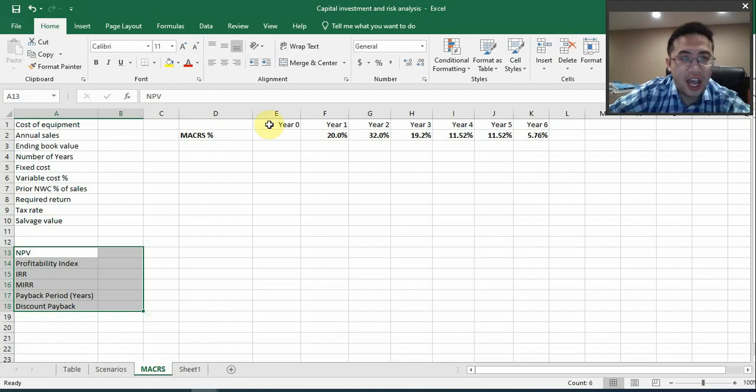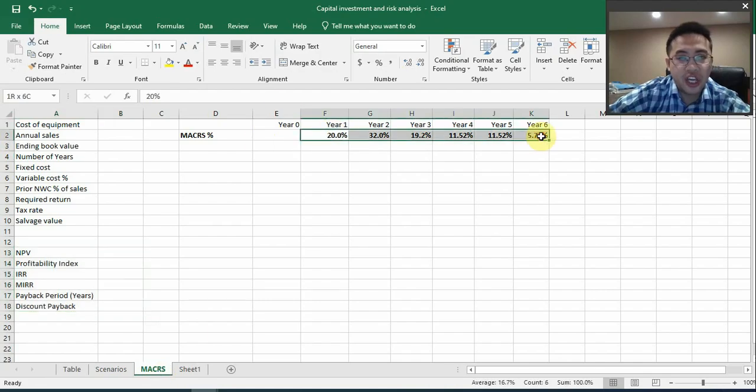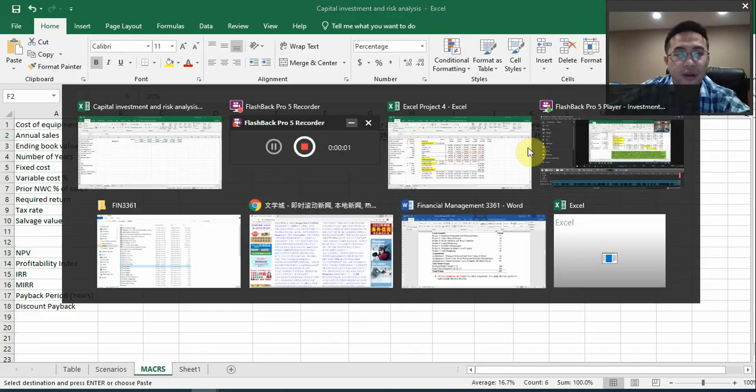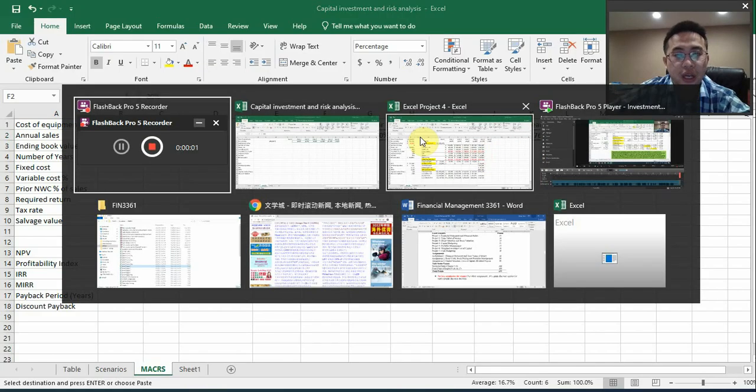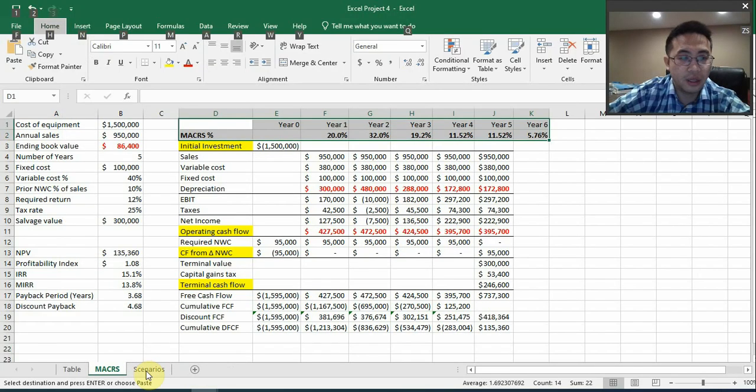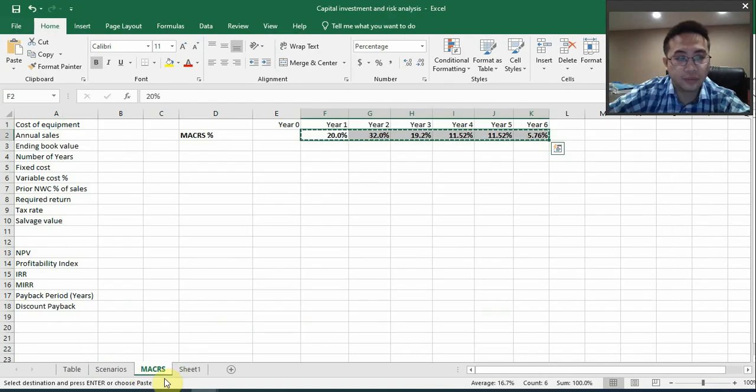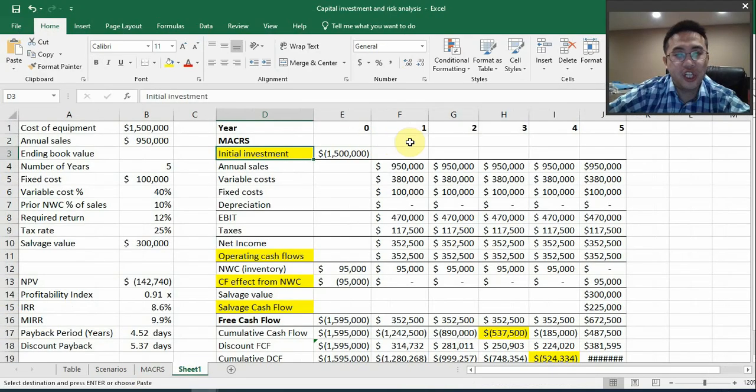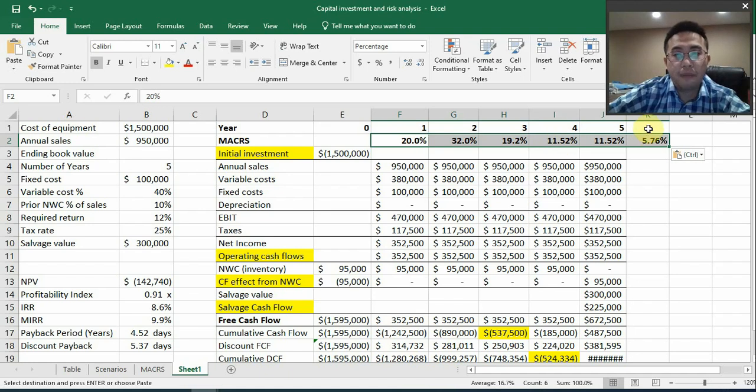As you can see, I have put all the percentages here from year 1 to year 6. Moving back to this sheet, it's not from year 0, it's from year 1, because the depreciation only incurs after 1 year. All right, so these are all the percentages.